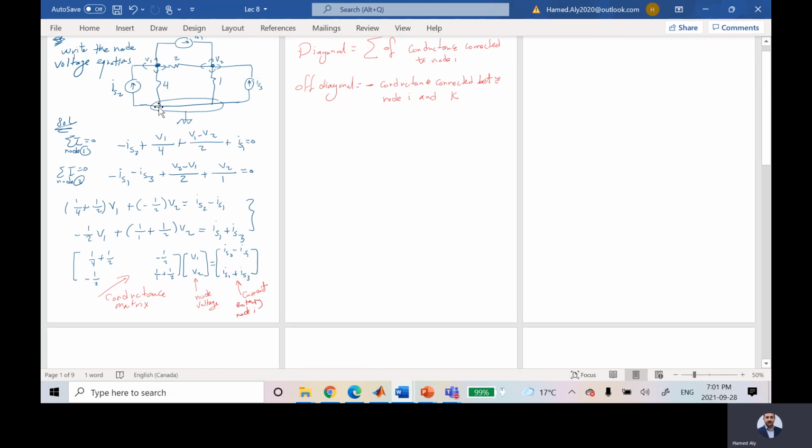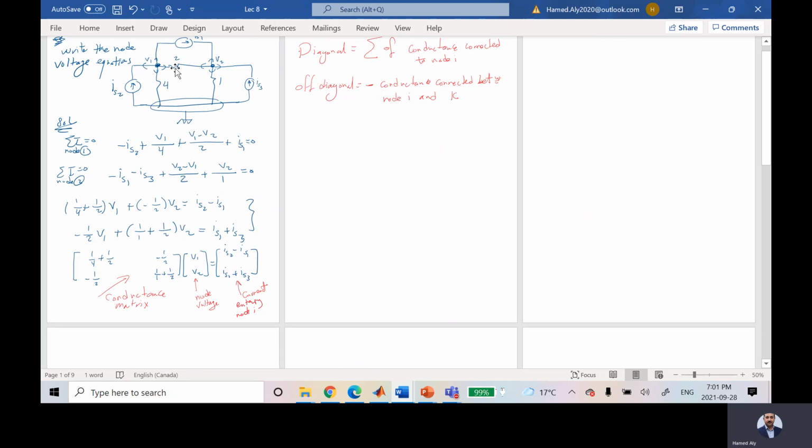I have 1, 2, 3, 4 branches connected to that node. How many of those branches have resistance? I have 2. He said summation of the conductance of those.